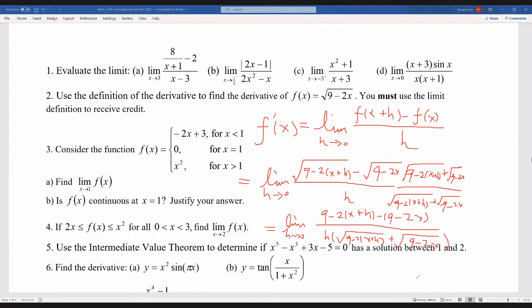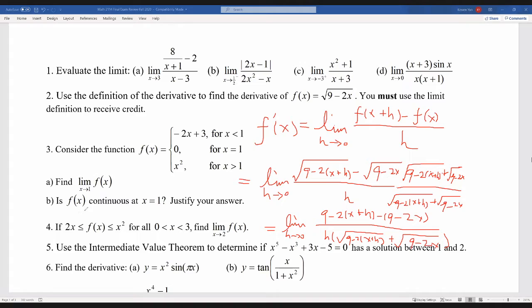So let's simplify. Please simplify the numerator first. How can we simplify the numerator? Easy to simplify. Distribute.